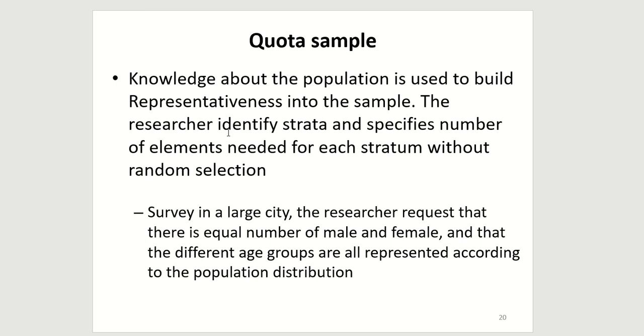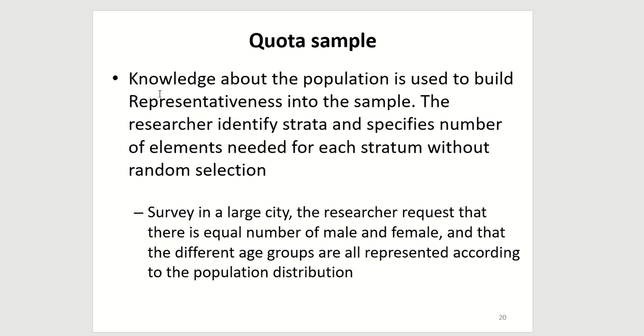And you know that 20% of men are married, 20% single, and 10% divorced. So you say, in the men, get them to me this way. Same thing for women. And you may also add another quota regarding age. So what you're doing is forcing your convenient sample to look like the population.